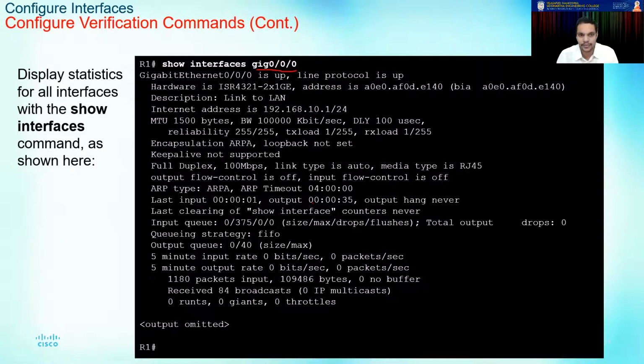It gives all the details: last input, input rate, the MTU is 1500 bytes, the bandwidth is 10 Mbps, the delay is 100 microseconds, the internet address, and the encapsulation. There is no loopback set on this. A lot of information is present.